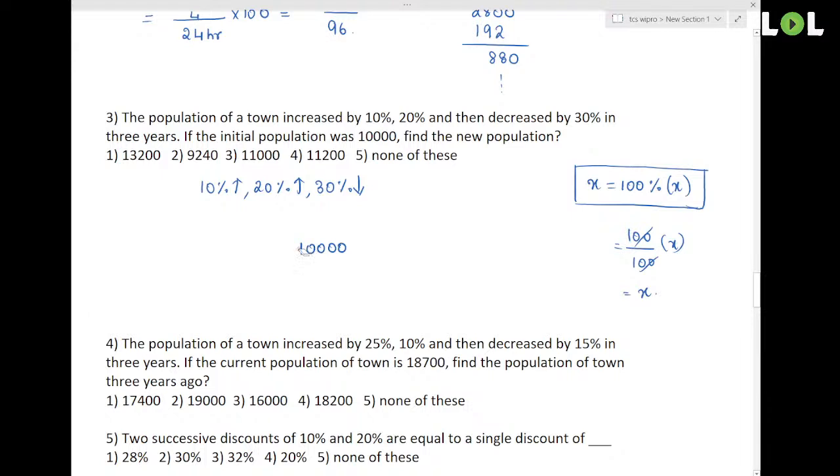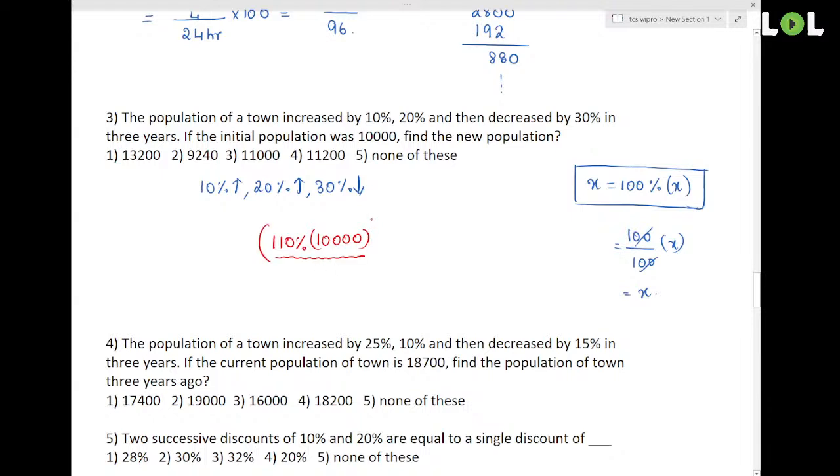Just now I told you, x is also nothing but 100% of x. So 10,000 is also nothing but 100% of 10,000. It is increased by 10%, which means it will become 110%. So this is the population after 1 year.